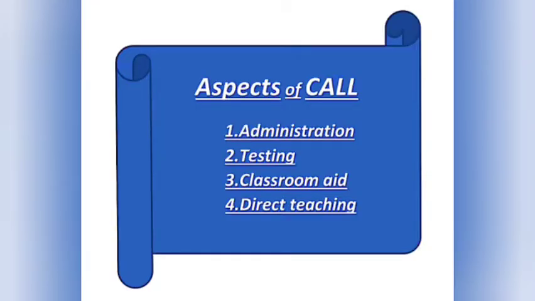Our last point is direct teaching. If we want to get a fast learning from the topic that we have learned in our class, then we have to use some reference book.